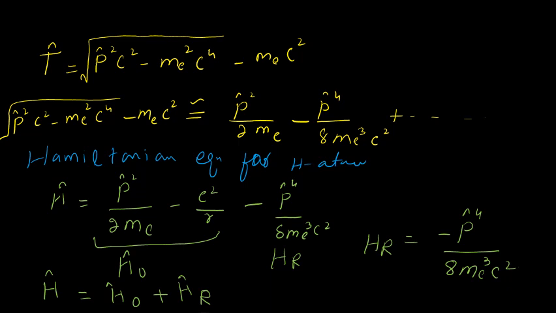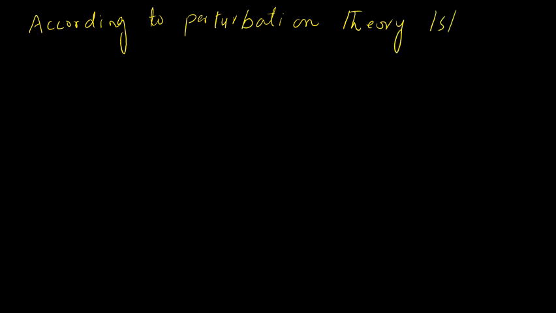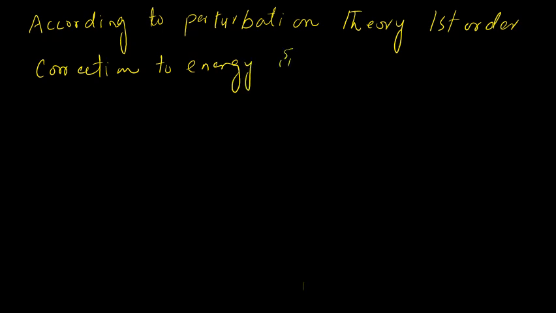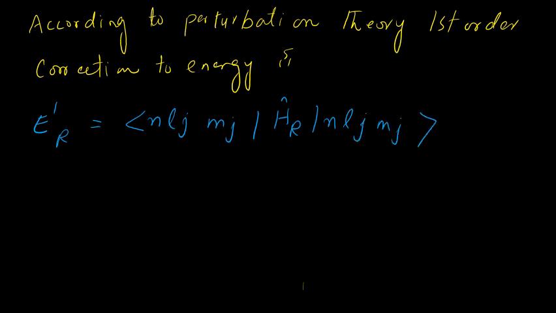According to perturbation theory, the first order correction to the energy, E₁R, that is the energy due to relativistic correction, where the subscript R represents the energy due to the relativistic effect, is equal to ⟨nljmⱼ|H_R|nljmⱼ⟩. So this is the first order correction to energy.